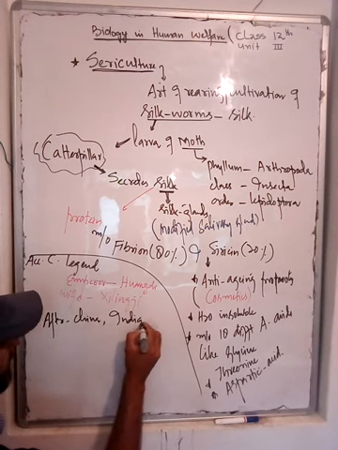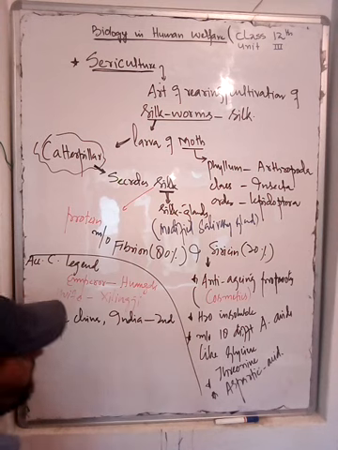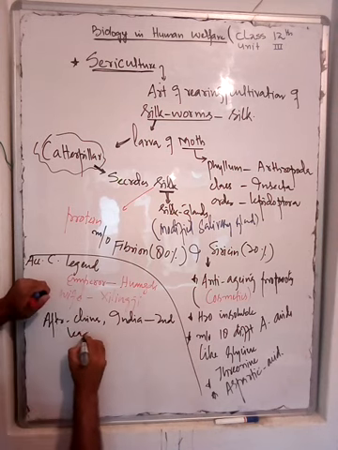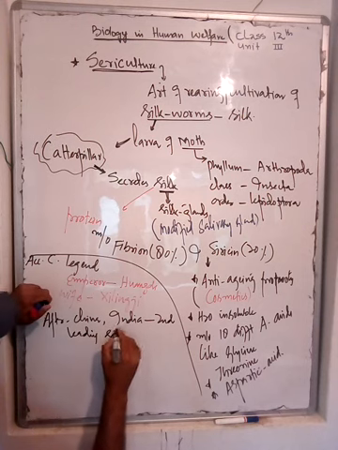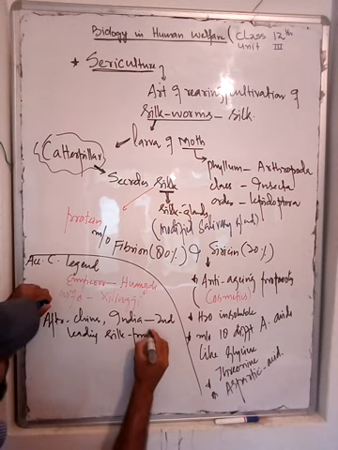If we talk about India, after China, India is the second leading silk producing country.